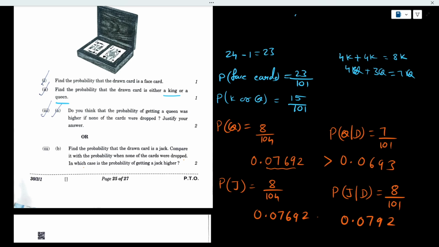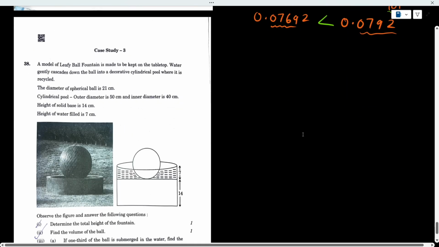Now if you do the comparison of where it is more, you know that you don't need conversion either, because here the numerators are the same, 8 and 8. The greater the denominator, the smaller the value. The smaller the denominator, the greater the value. That's why this is greater. So in this case, when the card got dropped, because you are dividing by the smaller number, the probability will be higher. Let us go for the next question here.